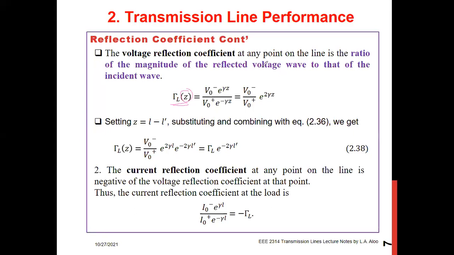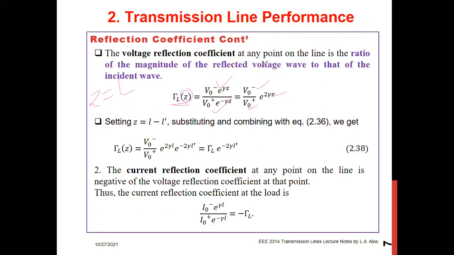So it will be equal to V naught negative exponential gamma Z over V naught positive exponential negative gamma Z. We have replaced L with Z. And so it will be equal to V naught negative over V naught positive exponential 2 gamma Z. But remember that at the end of the transmission line, Z will be equal to L, because we begin the transmission line when Z is 0.